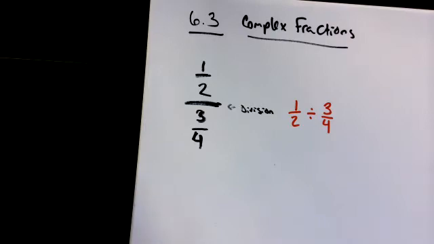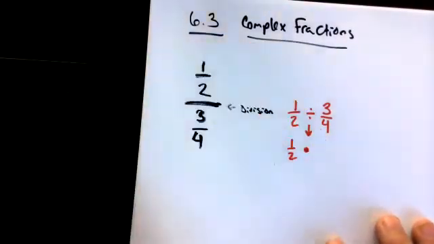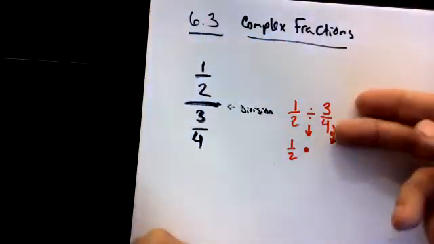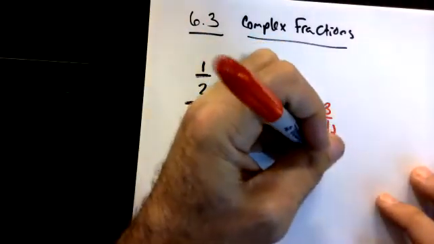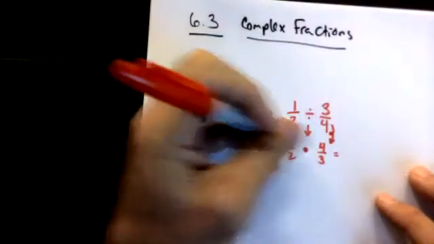As a reminder, we did this last time. When we covered division, we actually don't divide. We change that division to multiplication, and then we multiply by the reciprocal. So we'll actually flip that second fraction, and then we multiply straight across.